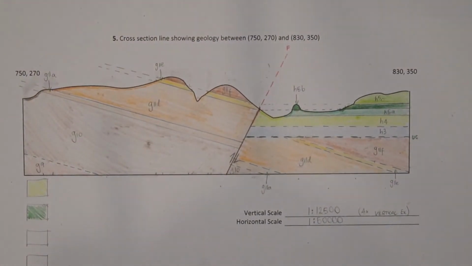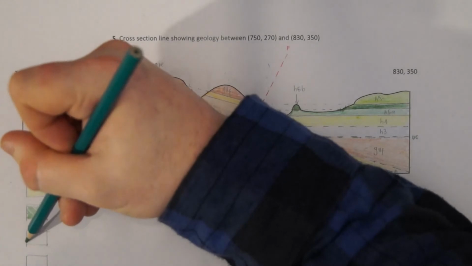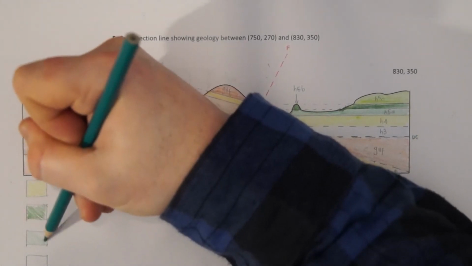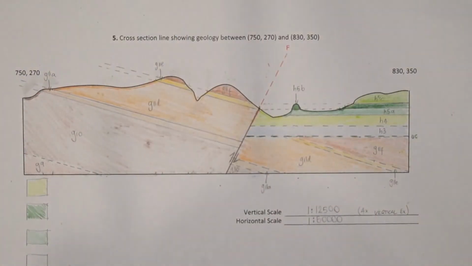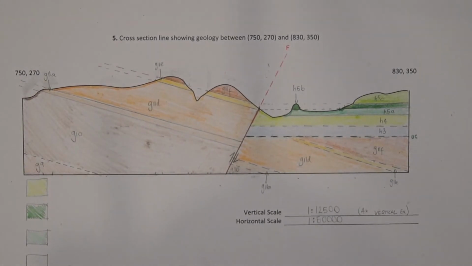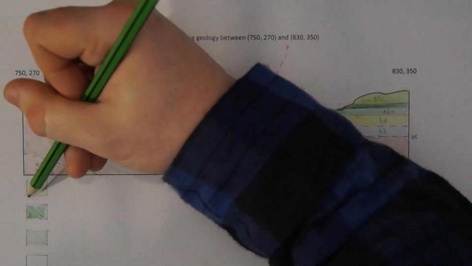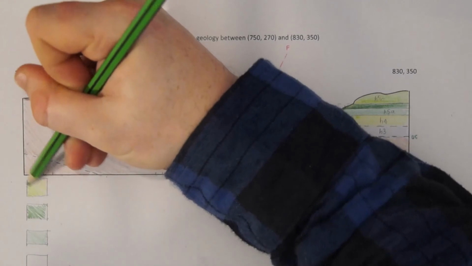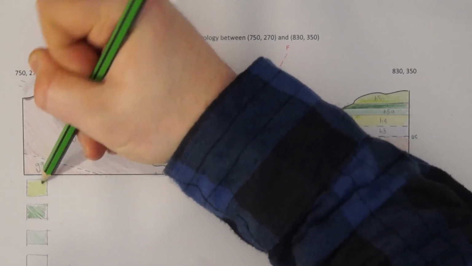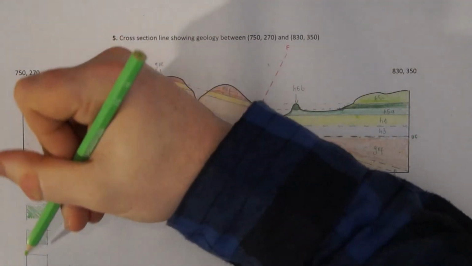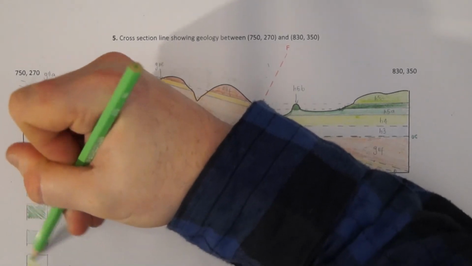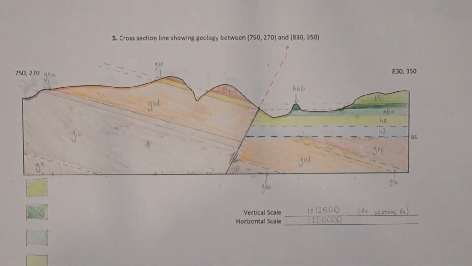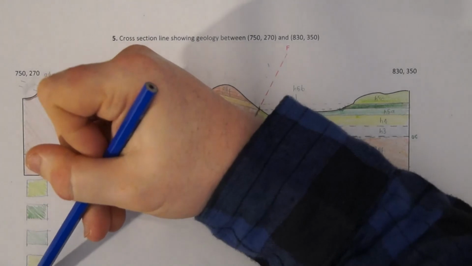This is our H5A, I might have used the wrong one there. This is our H4. And then I used the blue for H3.